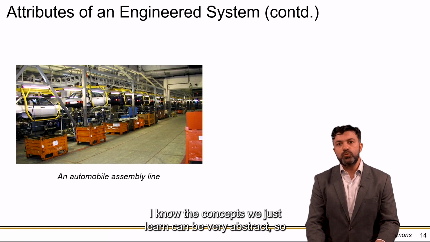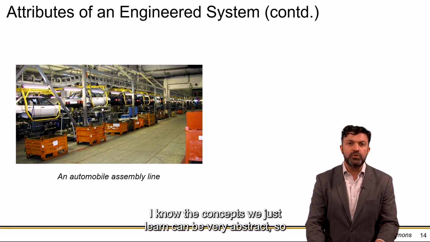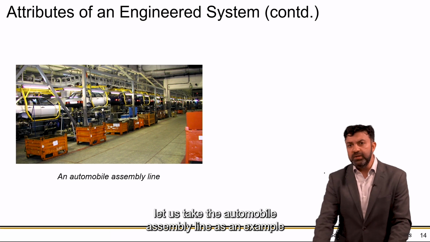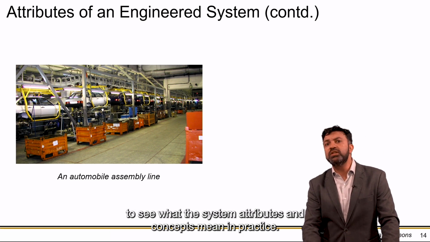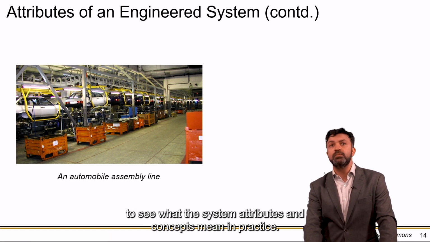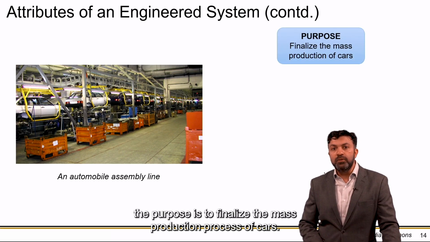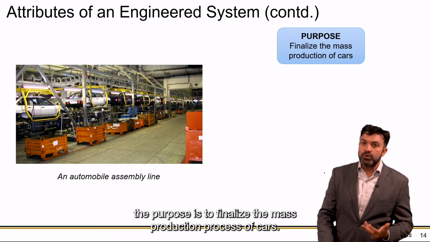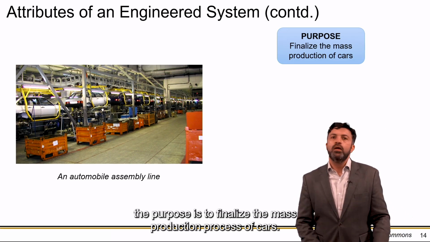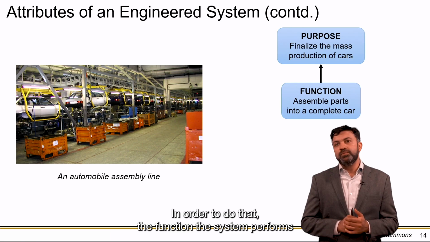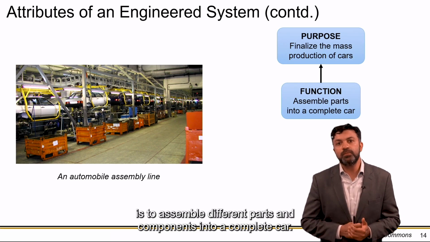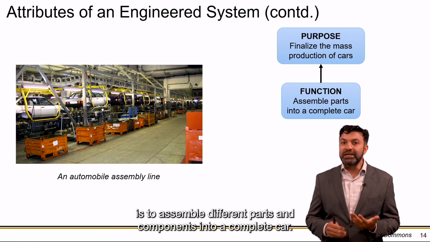I know the concepts we just learned can be very abstract, so let us take the automobile assembly line as an example to see what these system attributes and concepts mean in practice. For the automobile assembly line, the purpose is to finalize the mass production process of cars. In order to do that, the function the system performs is to assemble different parts and components into a complete car.